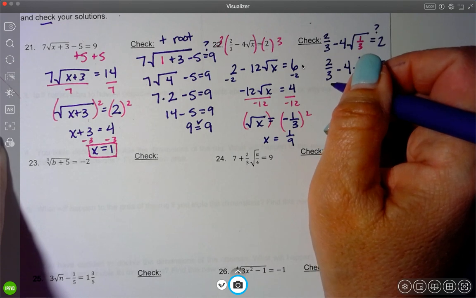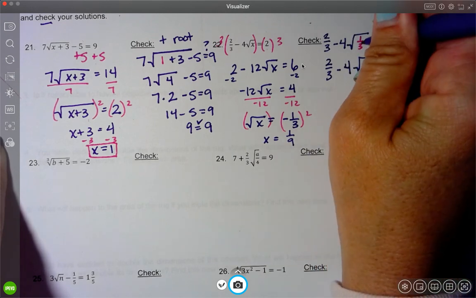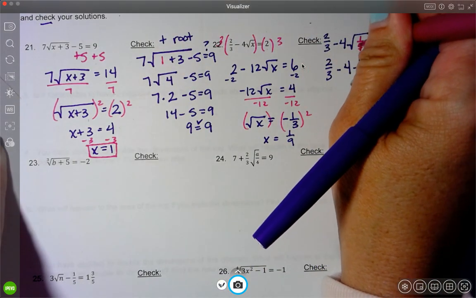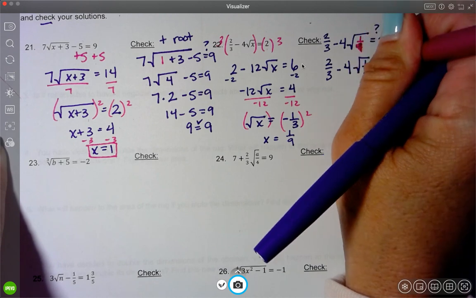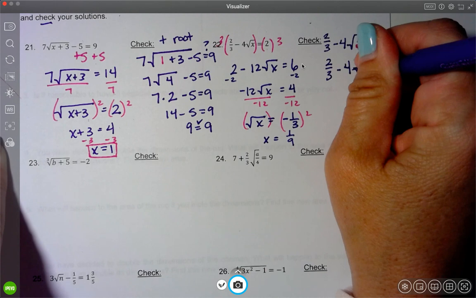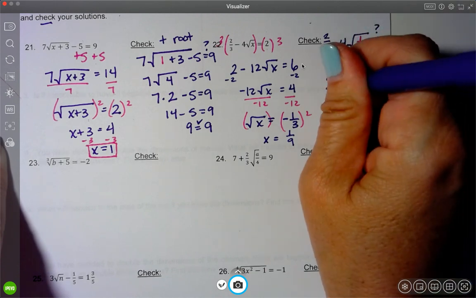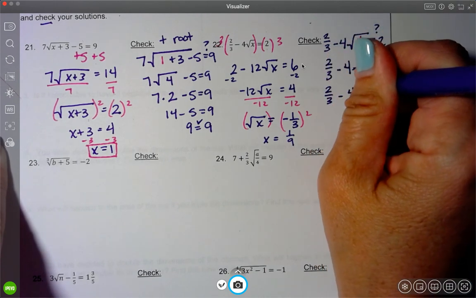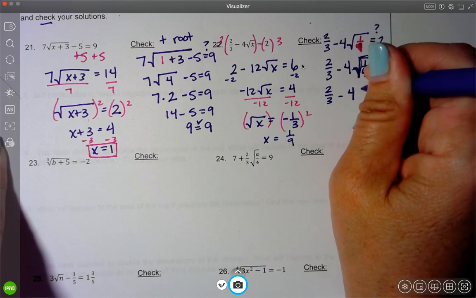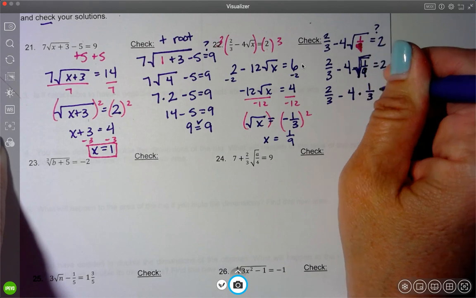Oh wait, oh sorry, 1/9 is my answer. Oops, sorry about that. I wish I had white out. 1/9. Okay. So I have 2/3 minus 4, and then square root of 1/9 is actually 1/3. Sorry about that little mess up.